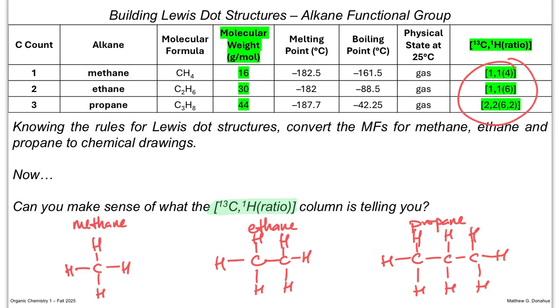So methane has 1, 1, and 4. We see from the molecular formula there's 1 carbon, so 1. The hydrogens are all the same.